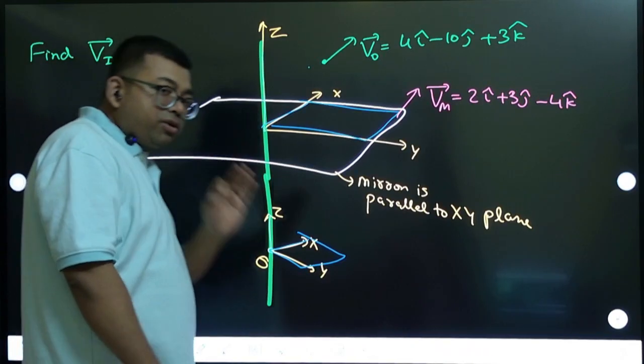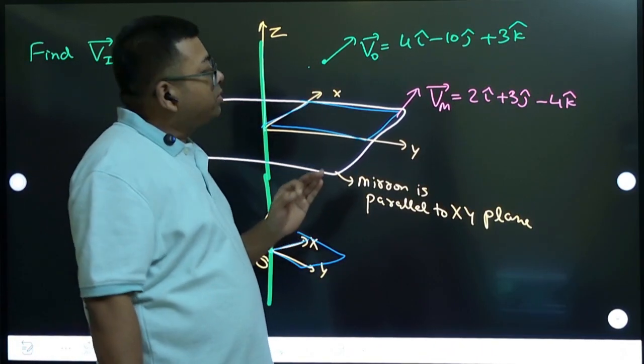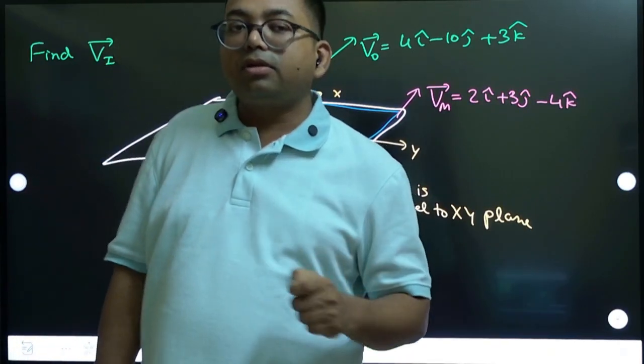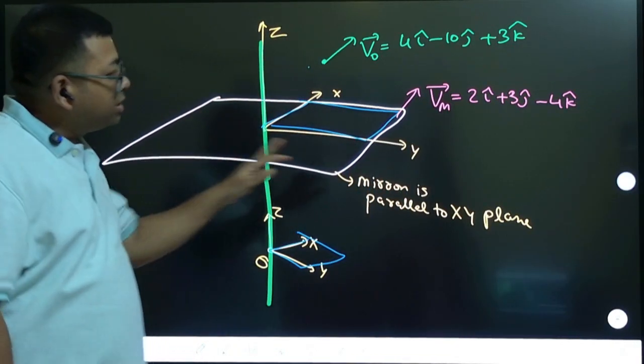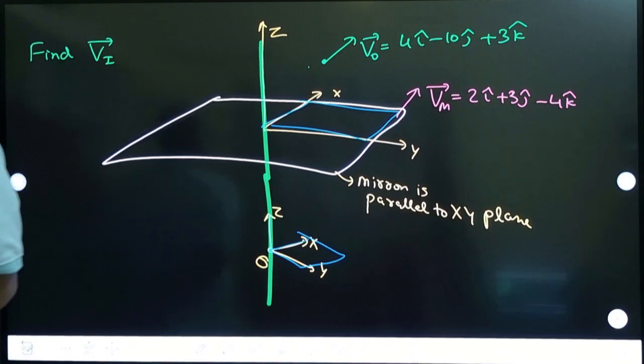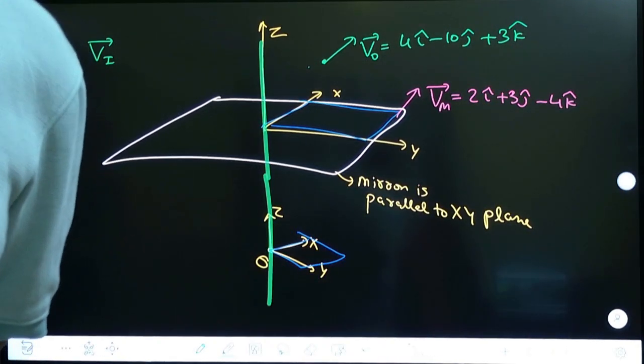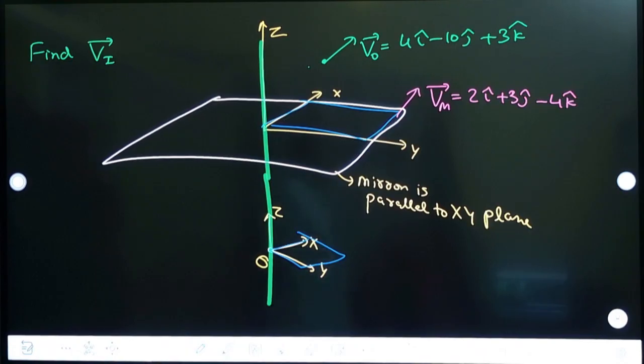But what we need to think is which component will change. Can you tell me which component of the velocity of the image will change? The x component, y component, or z component?